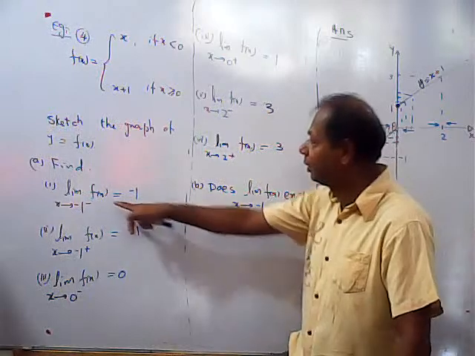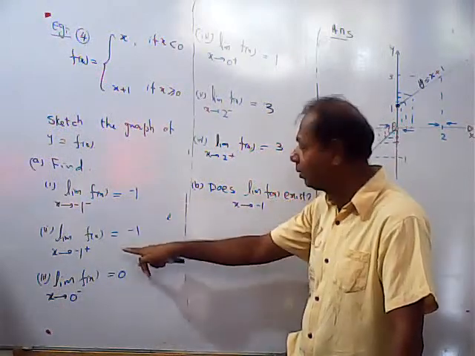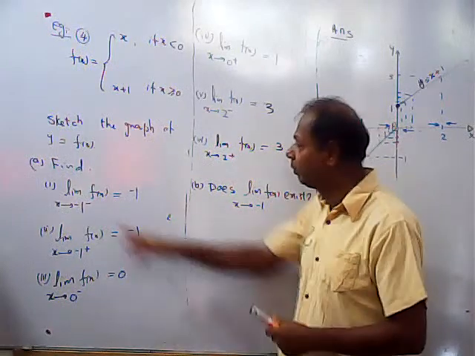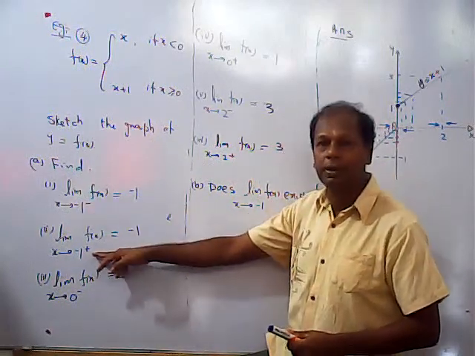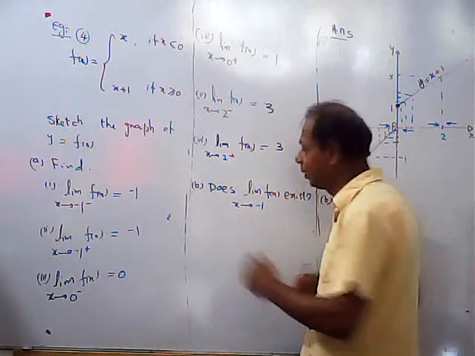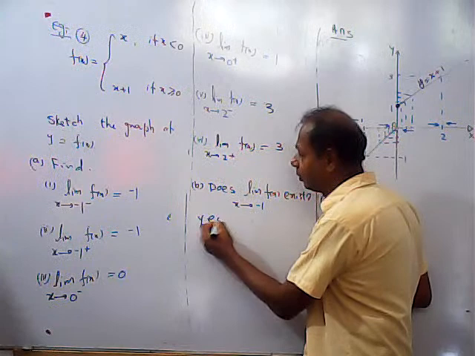Okay. The left limit is -1. The right limit is also -1. So the left limit at -1 is equal to the right limit at -1. Therefore, it exists. The answer is yes.